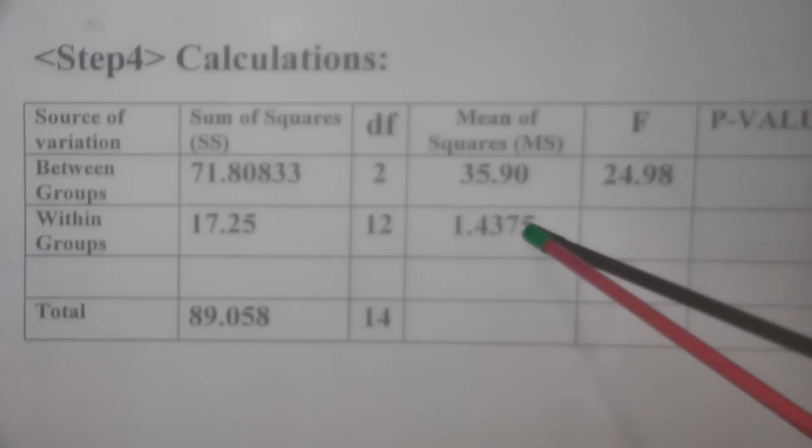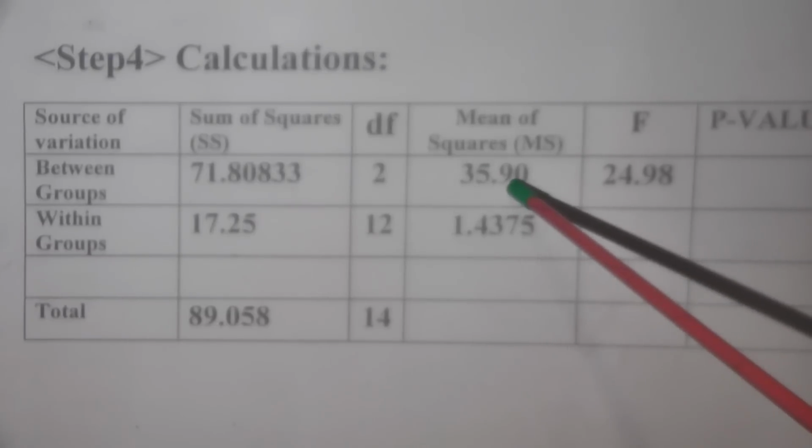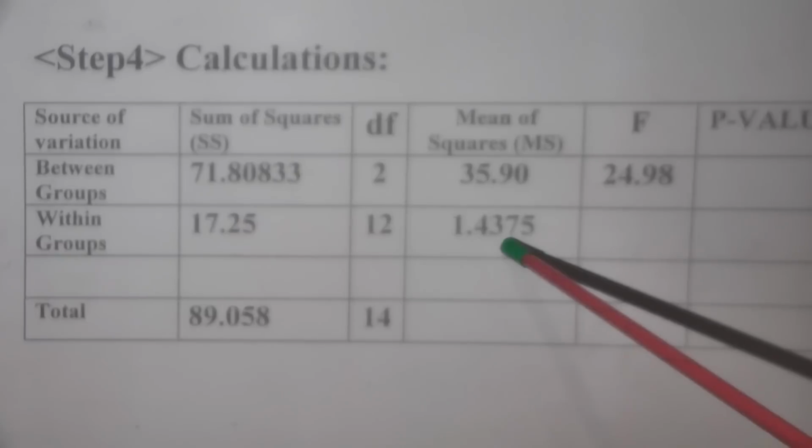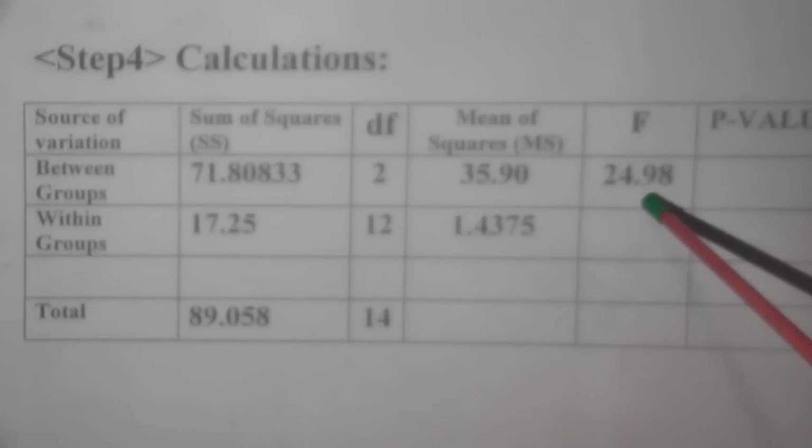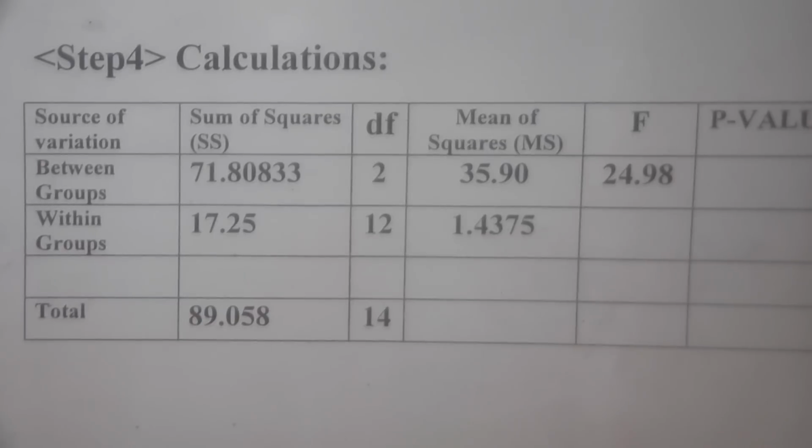And these two numbers, 35.9 divided by 1.4375, the ratio is 24.98, okay? This number is 24.98. If we look at the F table, what are we going to get?